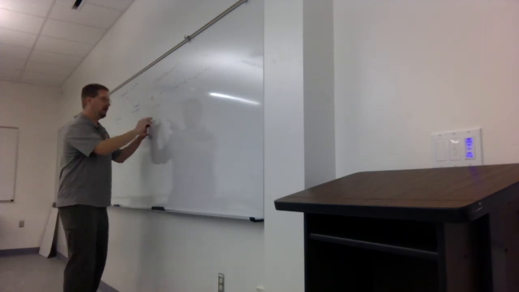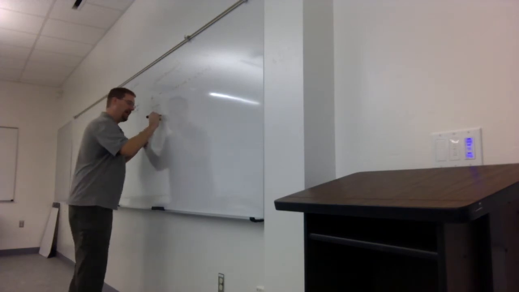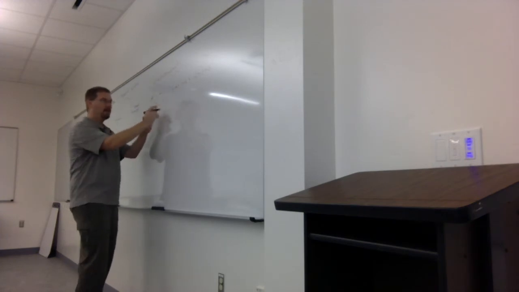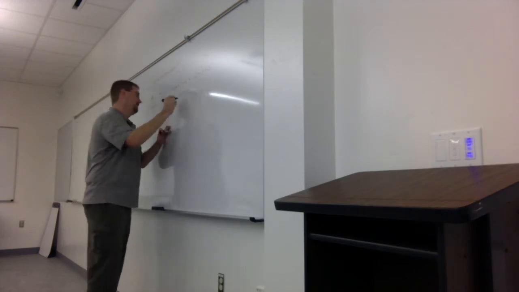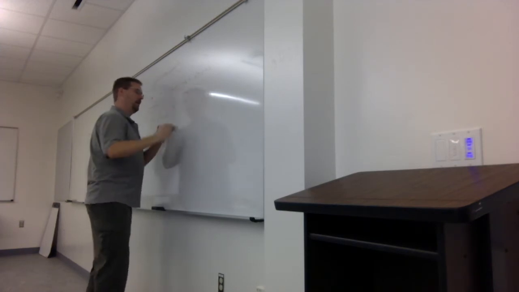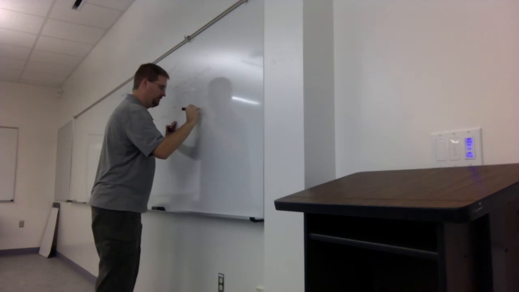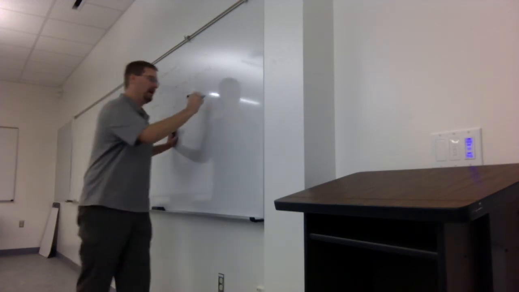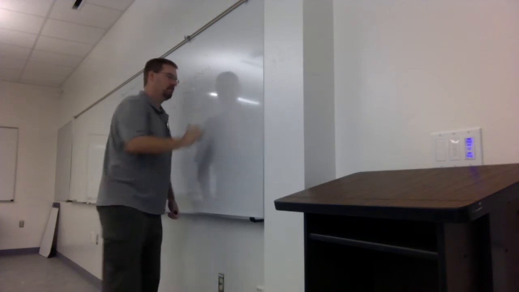So if I take the sum of all of the cations, all the positively charged things, whatever that number is, I subtract the sum of all of the anions, I should more or less get 0.